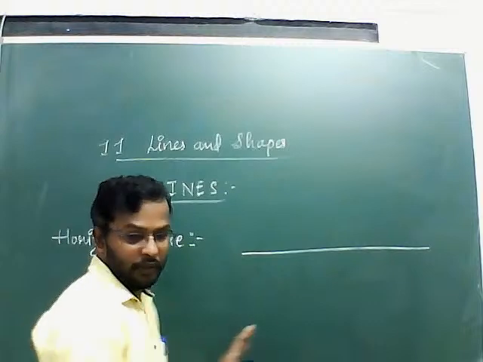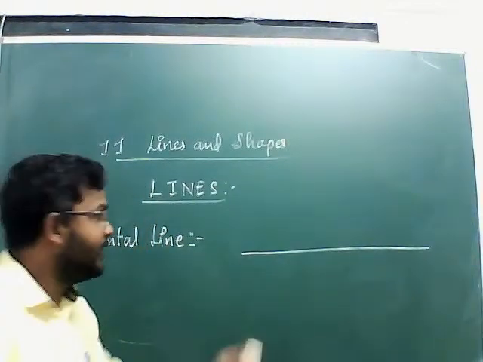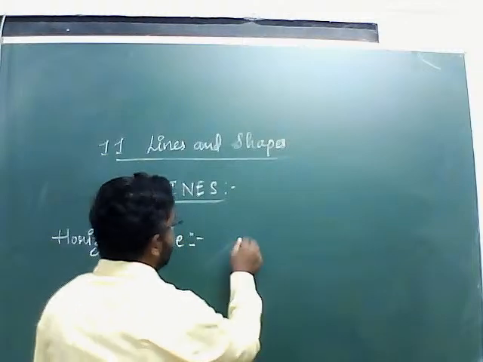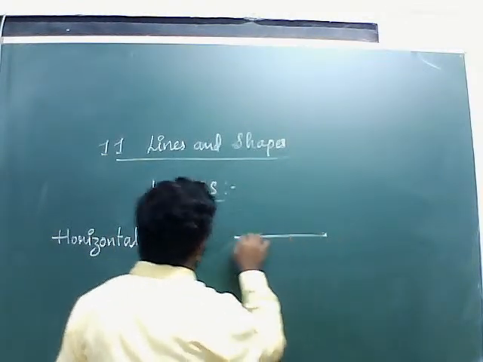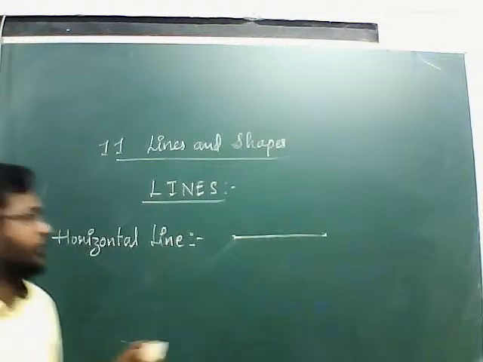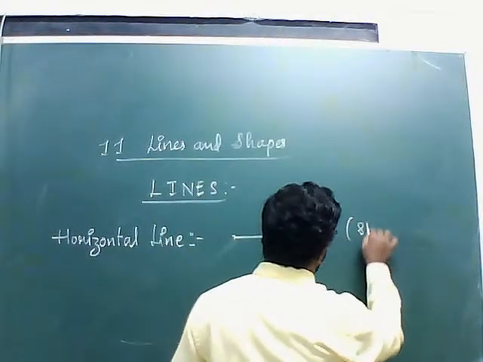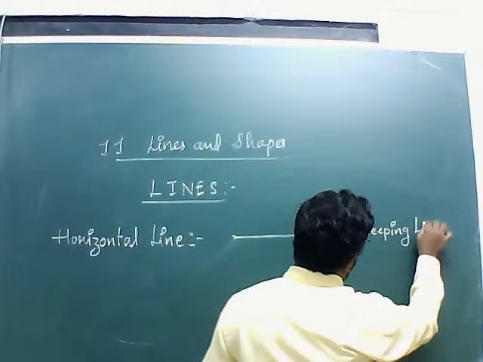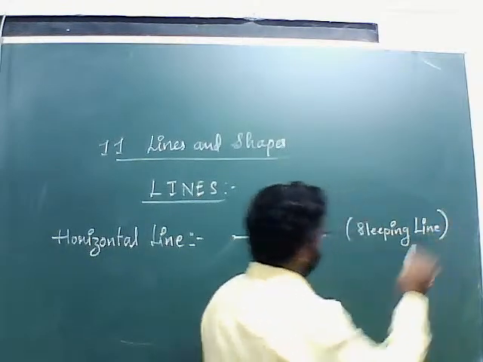Okay, so horizontal line means it is a sleeping line. So sleeping line is called as horizontal line. Okay, so you can write it as sleeping line.